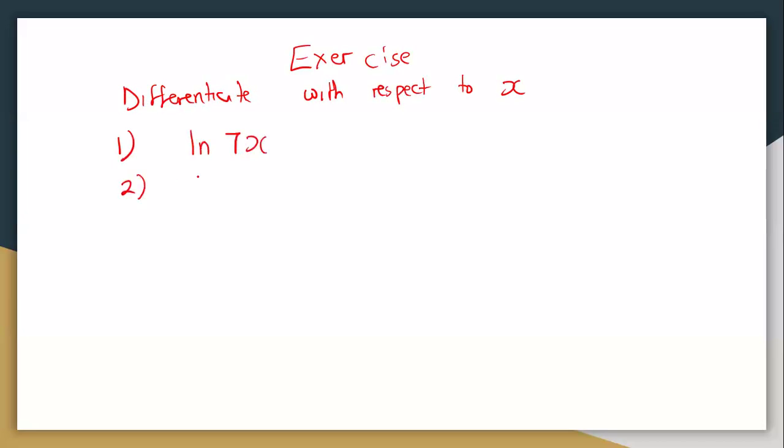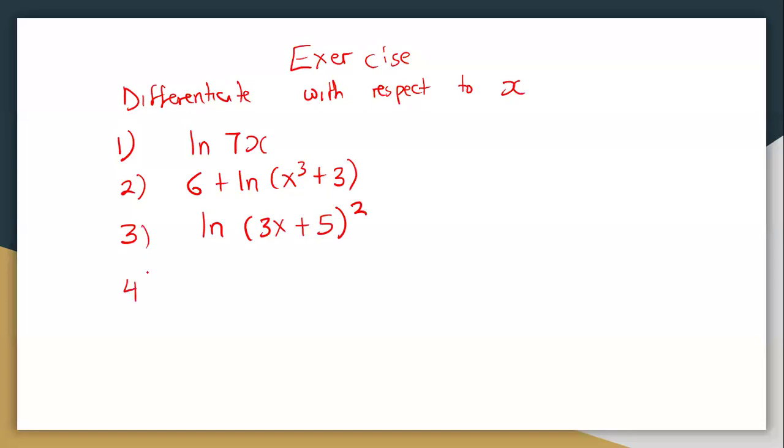Number 2, 6 plus ln of x cubed plus 3. Number 3, ln of 3x plus 5 squared. Number 4, ln of 2 minus x power 3. Number 5, ln of 2 out of 1 minus 3x.